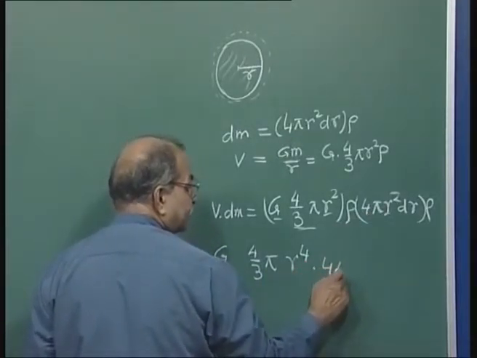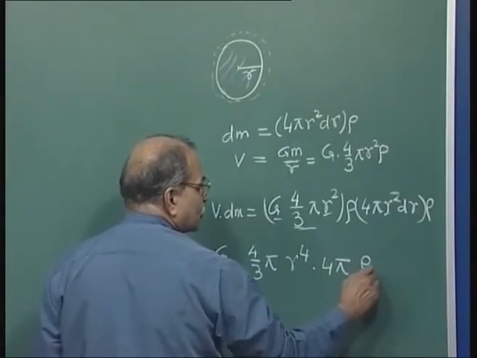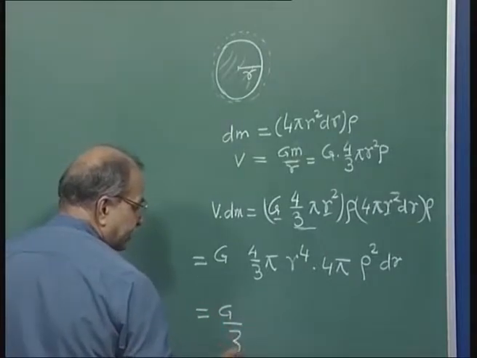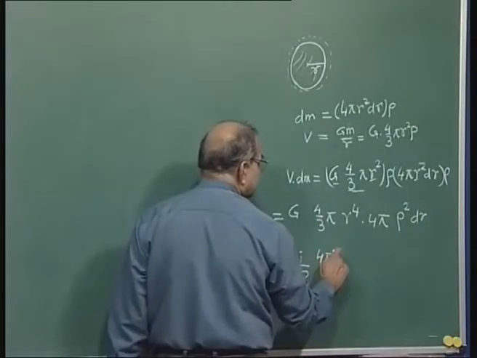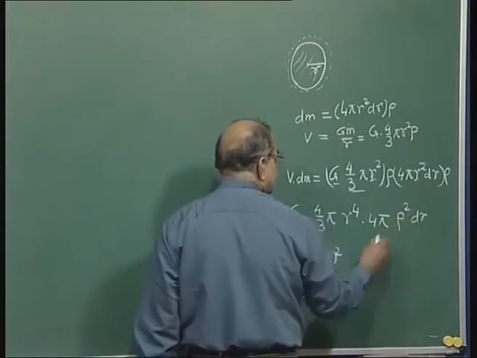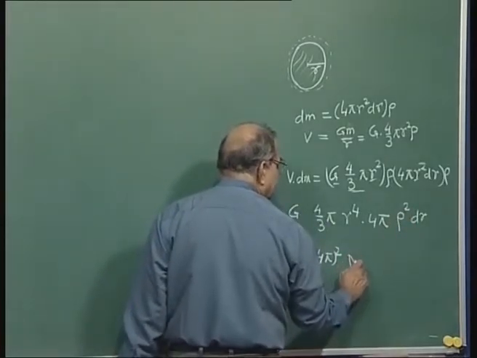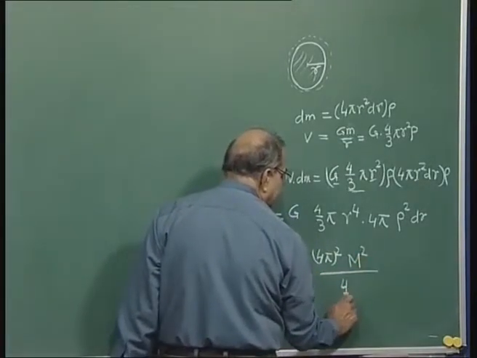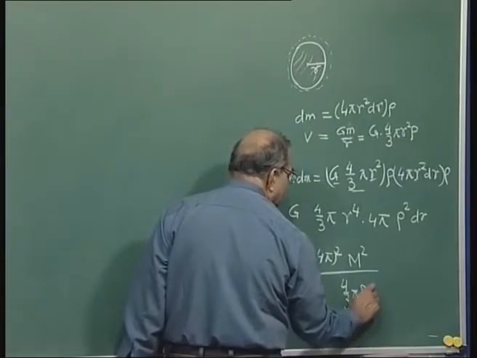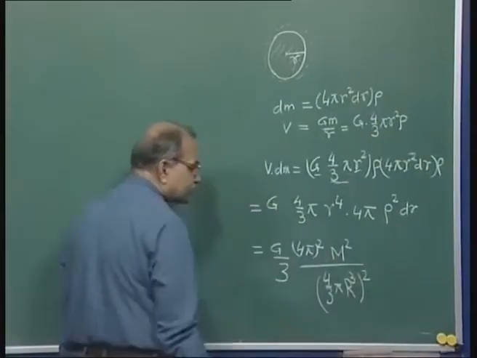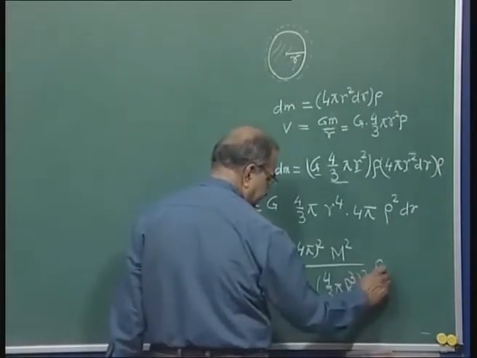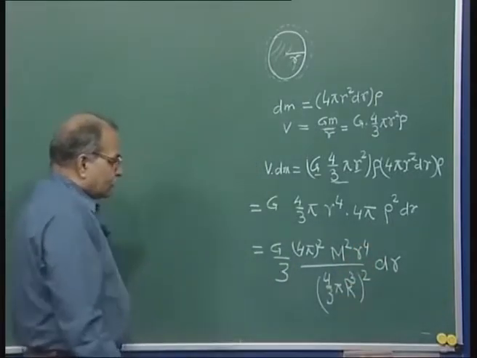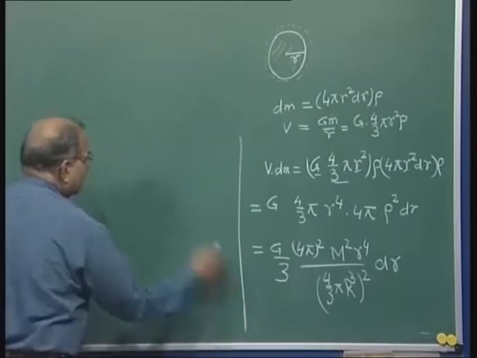So, 4 pi and rho square dr, that is G, take 3 here, this is 4 pi square, and rho square is total mass square divided by total volume, that is 4 by 3 pi capital R cube, whole square, dr. And here is that r to the 4.